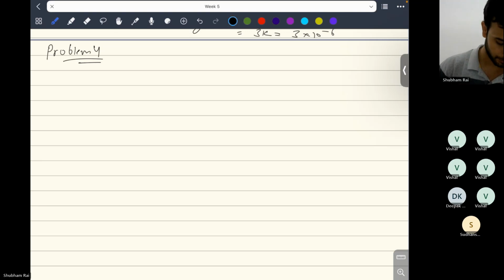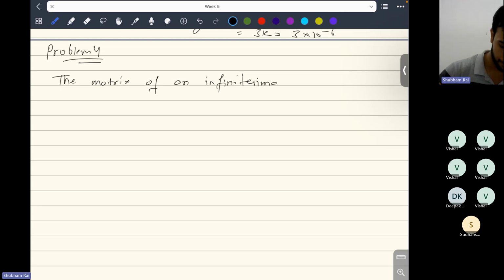It's given by the matrix of an infinitesimal strain tensor, which is given as this: k1 x2, 0, 0; 0, minus k2 x2, 0.